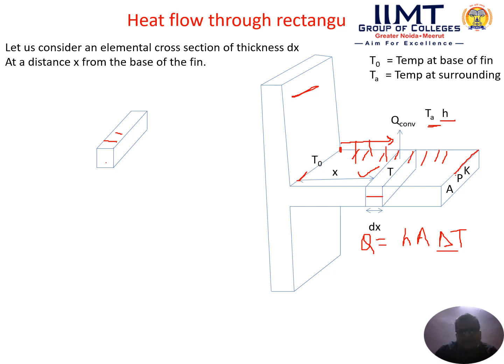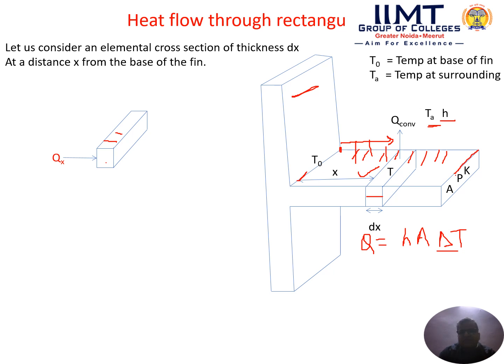That means the heat will enter from the left side of the element by the mode of conduction. Then we can say this is qx, the rate of heat in at a distance of x.